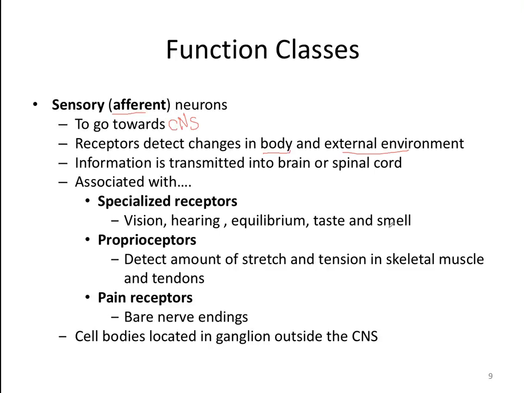So these are associated with specialized receptors, so the special senses live in your head. So vision, hearing, equilibrium or balance, taste and smell, these are all head senses. Proprioceptors detect the relative position of your body by measuring how much stretch and tension are in your skeletal muscles and tendons. So one example of this would be the Golgi tendon organ.